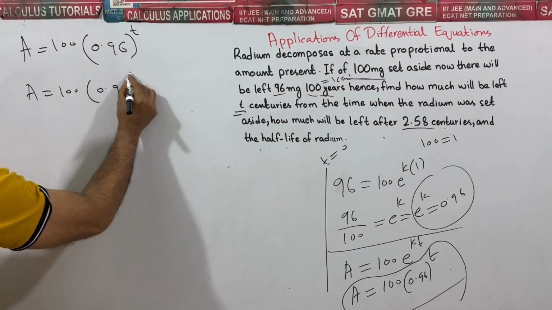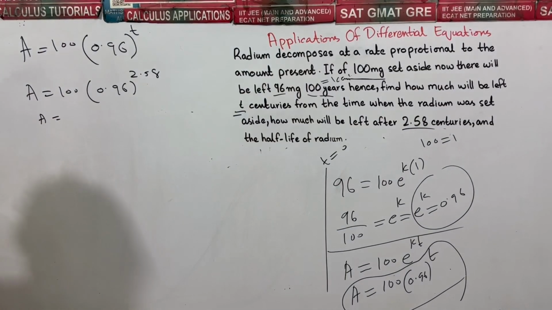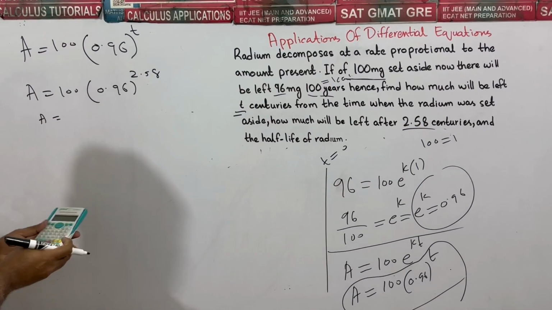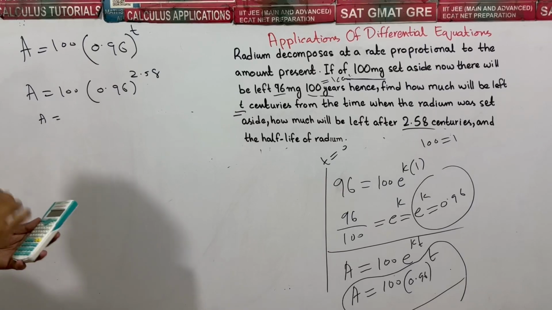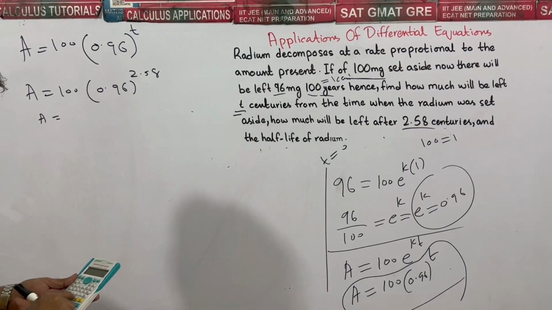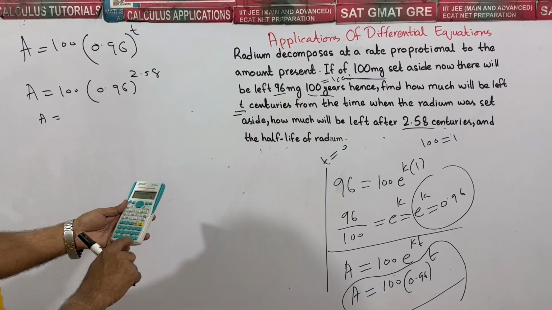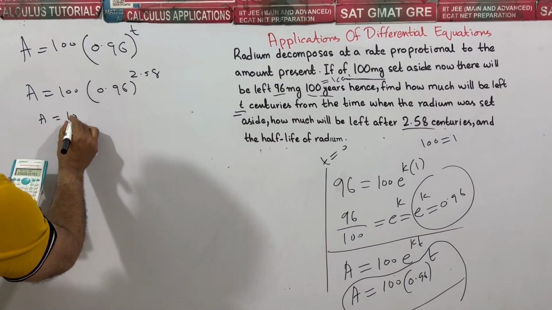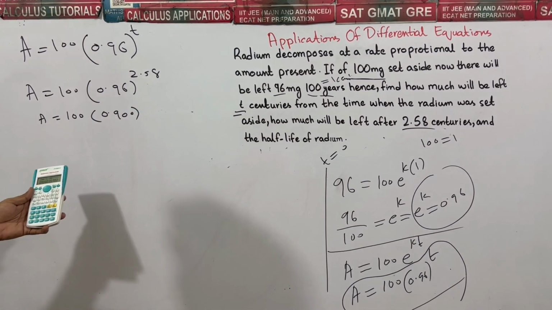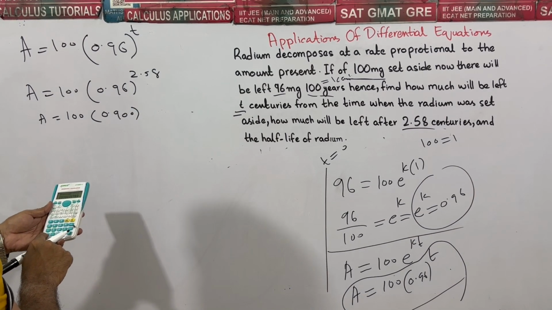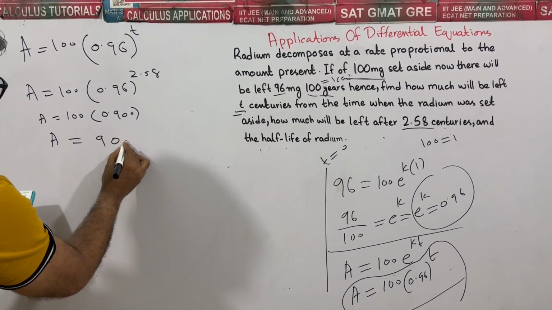Let me utilize the calculator: 0.96 raised to 2.58 is 0.900, multiplied by 100, it's equal to 90 milligrams.